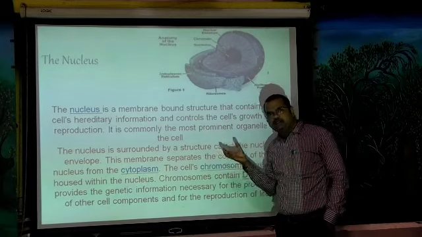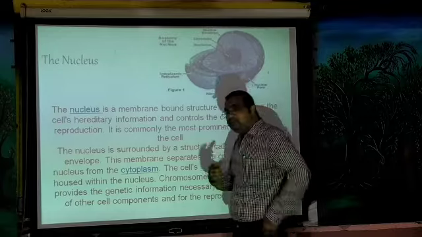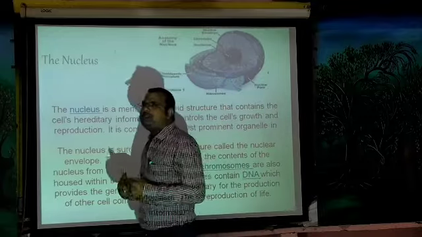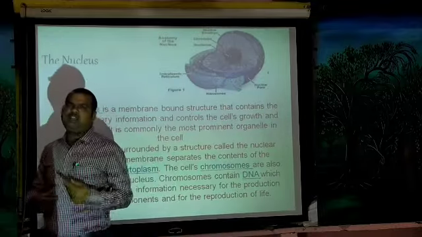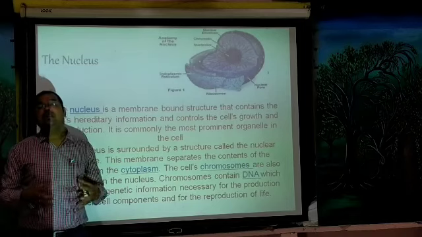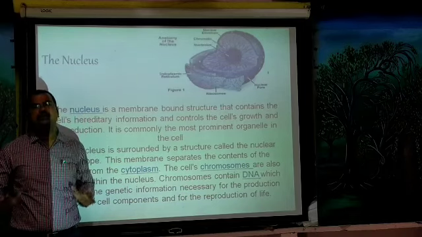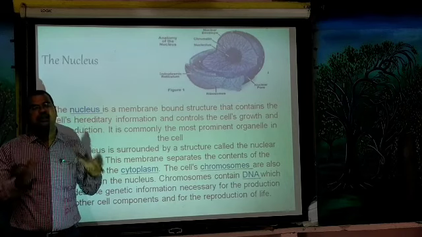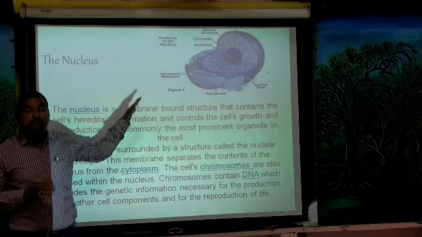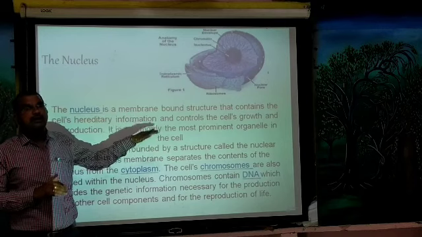The chromatin network later twists and converts into the chromosome. The chromosome contains DNA, and the DNA is responsible for how your body design is to be made ready. That is all decided by the information coded in the DNA.